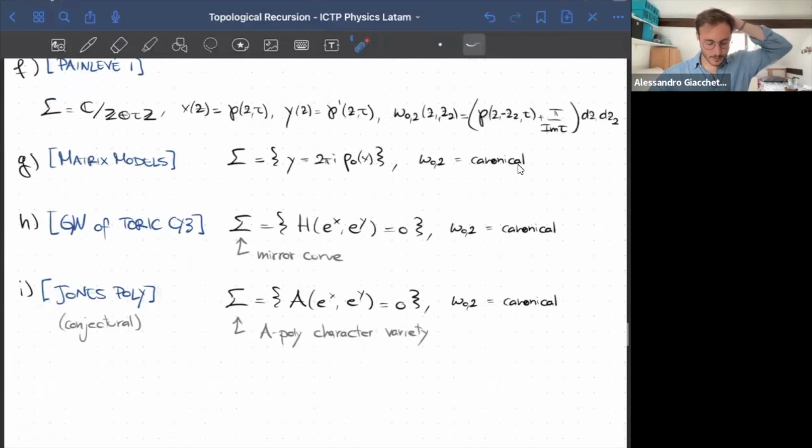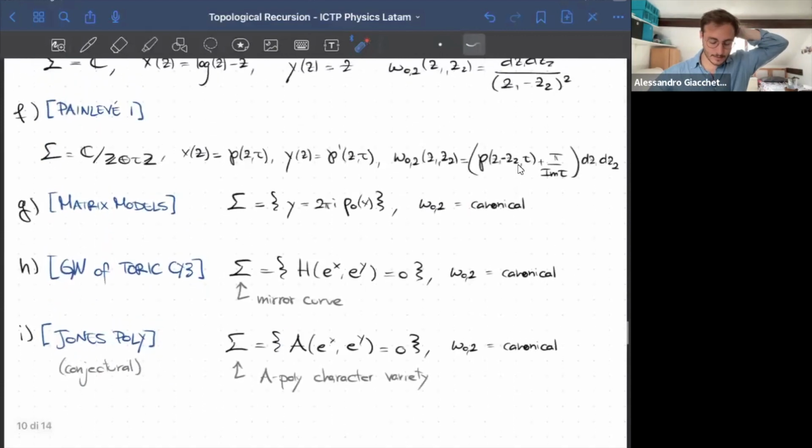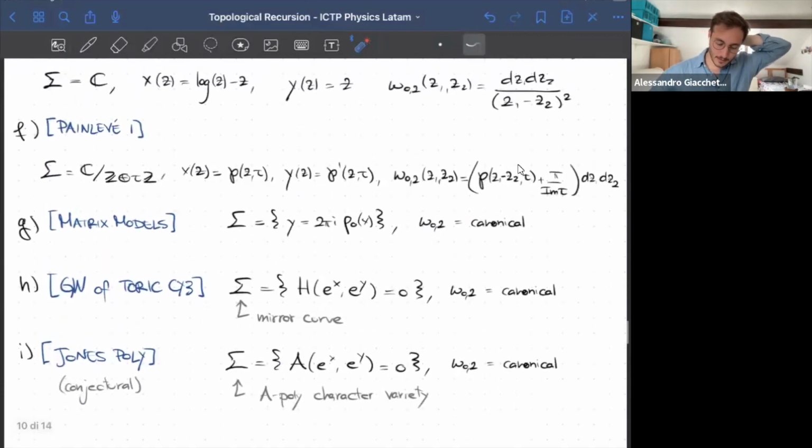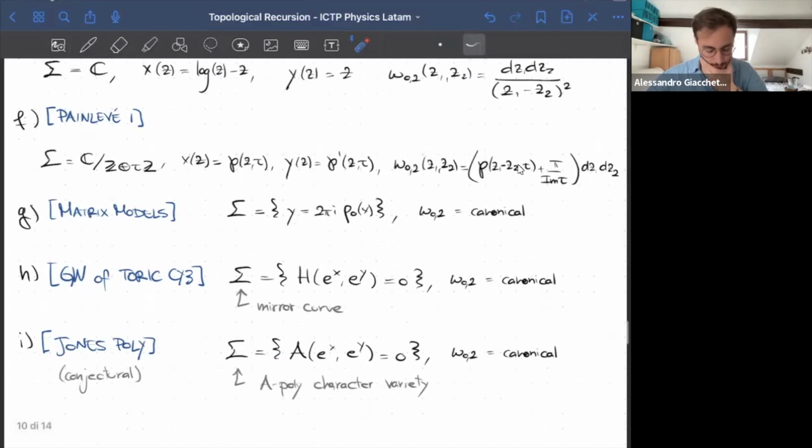All right, as I said at the beginning, you can look at topological recursion as a nice way of computing your invariants, but one point is that it satisfies many properties, and sometimes you can use these properties to say something more about your problem.